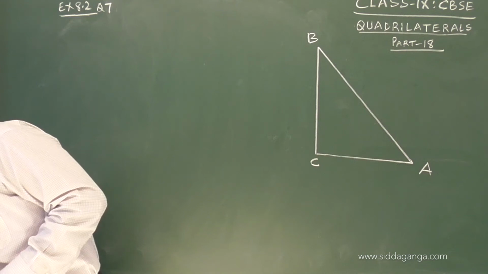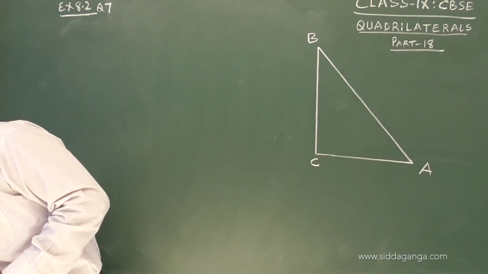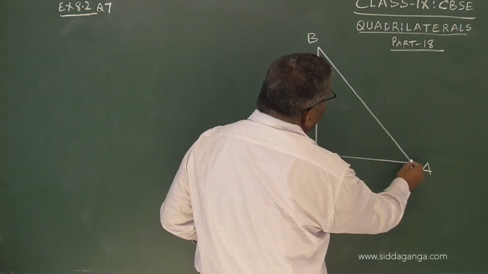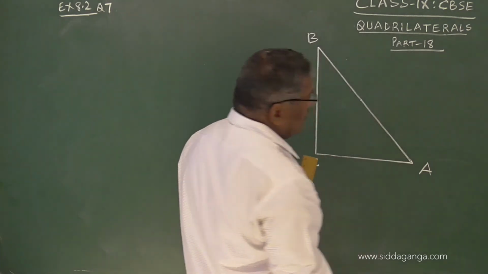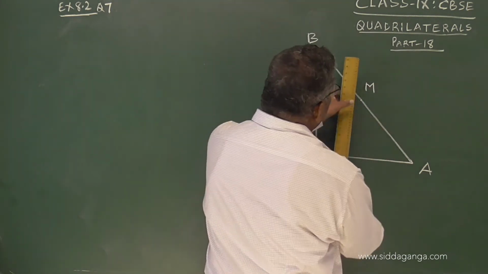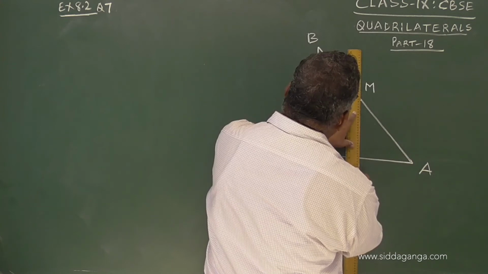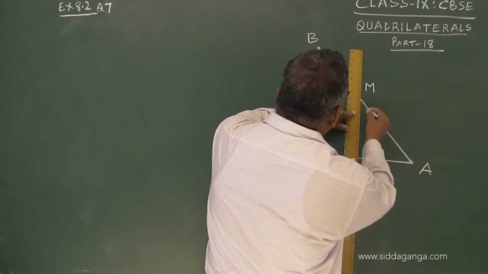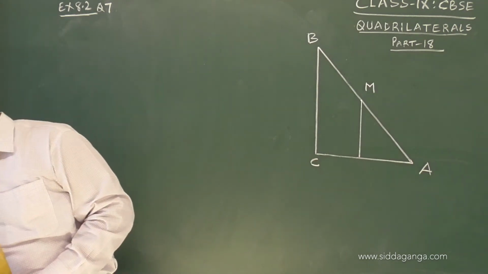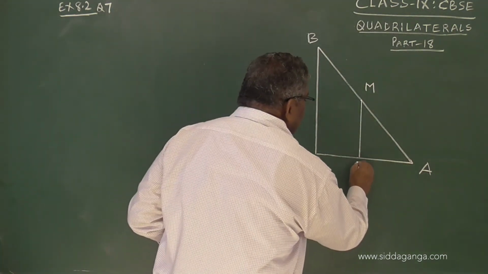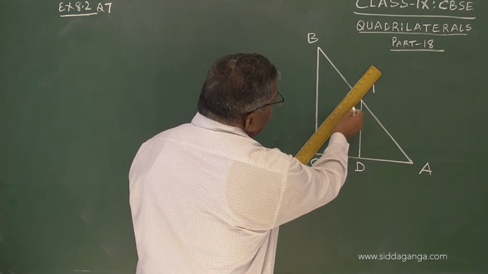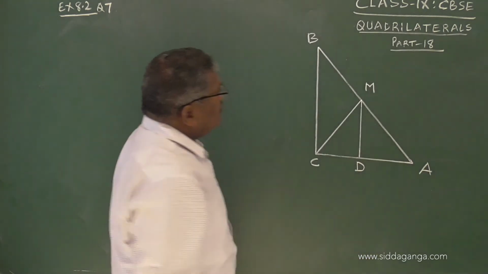Through the midpoint M of hypotenuse AB, draw a line parallel to BC, intersecting AC at D. Now take the midpoint of AB, let us denote this as M. Through the midpoint you draw a line parallel to BC, and you call this D. Join CM. So this is the diagram given.